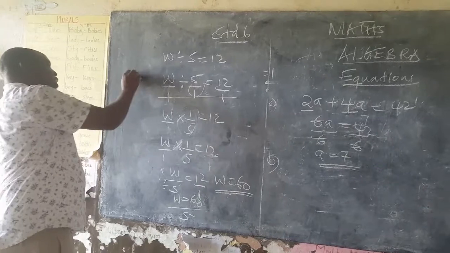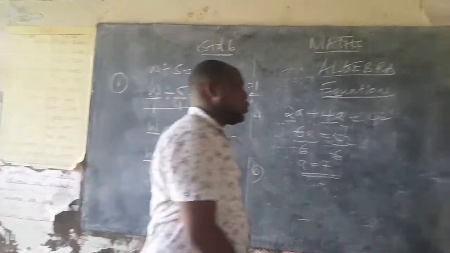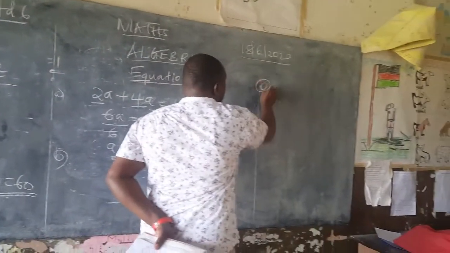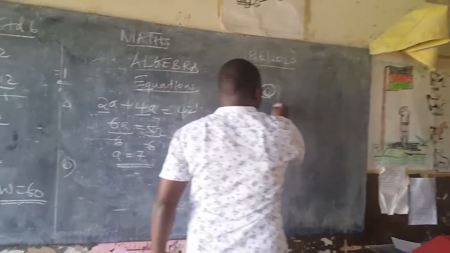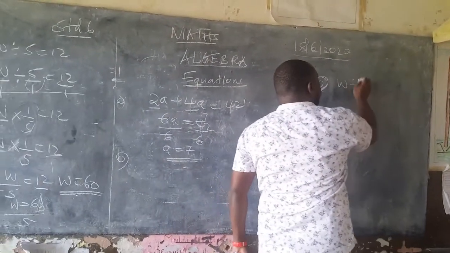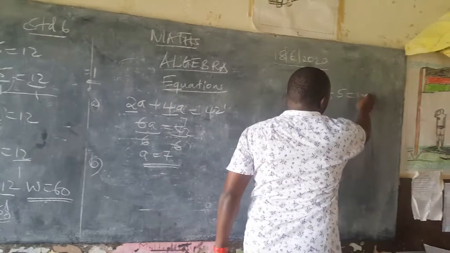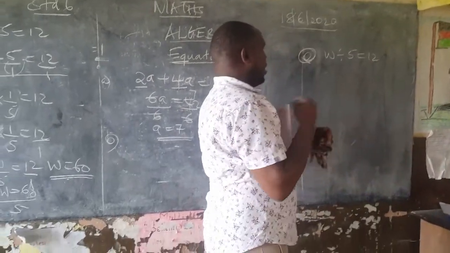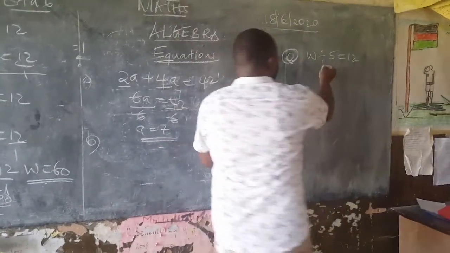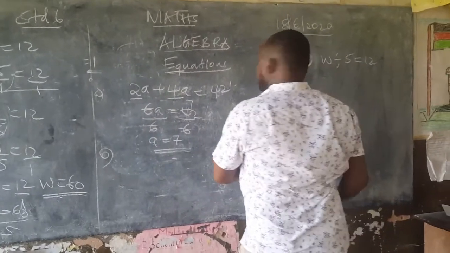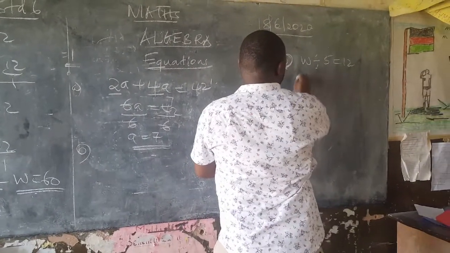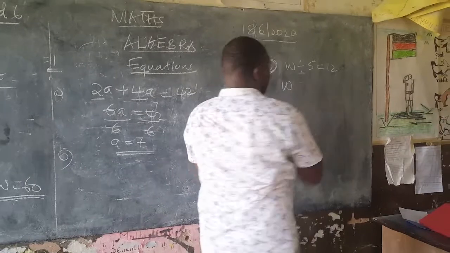Now this is method number 1. Let's look at method number 2. In our method number 2, we are going to say W divided by 5 is equal to 12. From there, another way you can write this division sign is by writing W and then writing this as over.